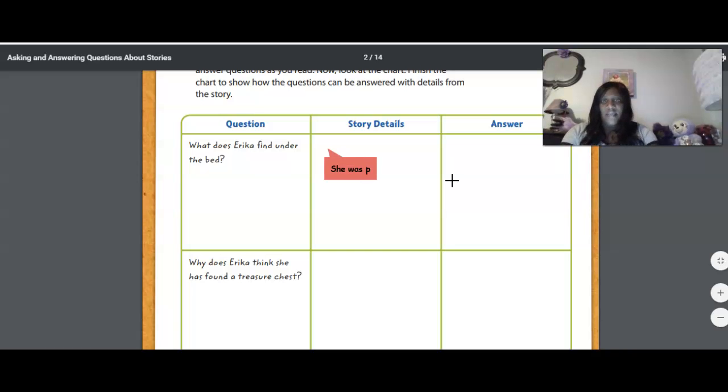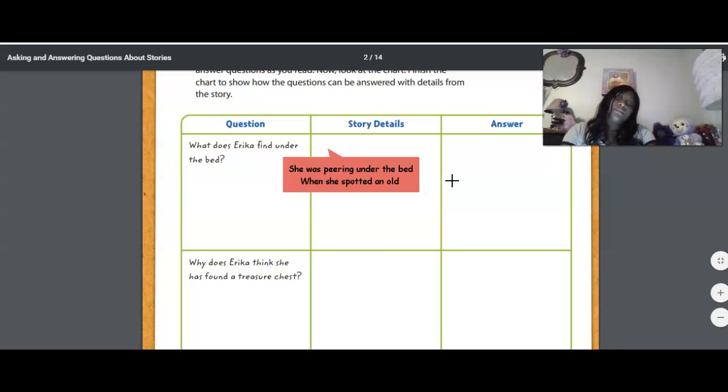She was peering under the bed when she spotted an old wooden box she had never seen before.